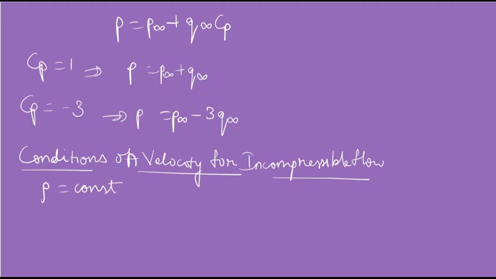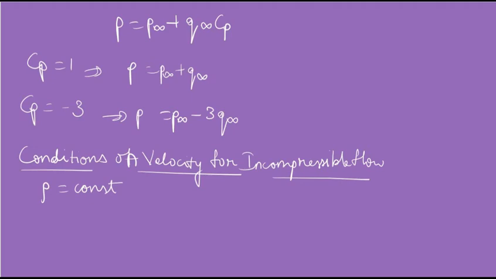Rho can be assumed to be constant. Now what is rho? Rho is mass per unit volume, and here we are saying that rho is constant, which means a fluid element of fixed mass moving through an incompressible flow must also have a fixed constant volume, correct?